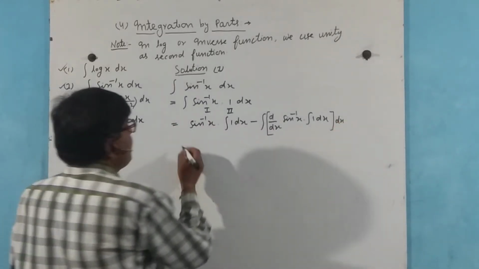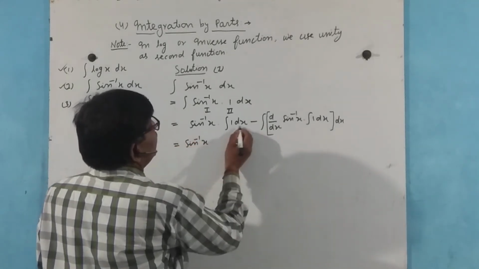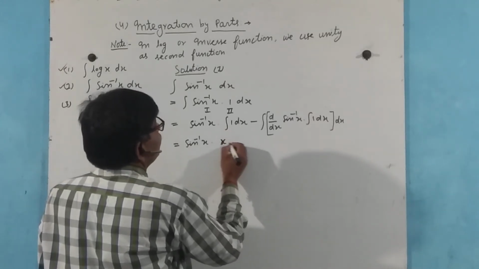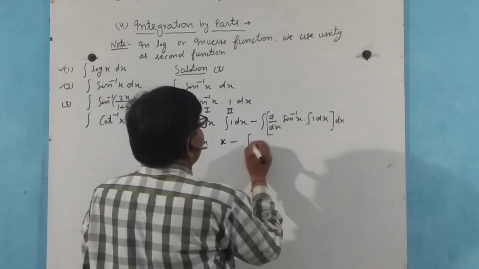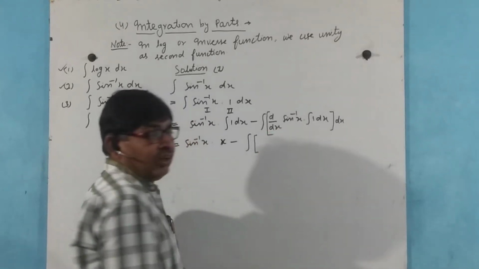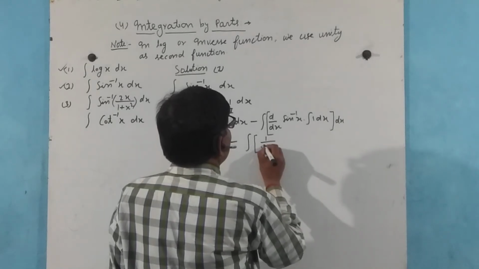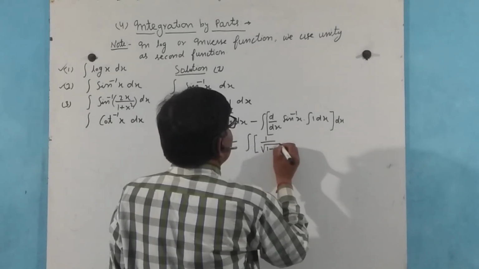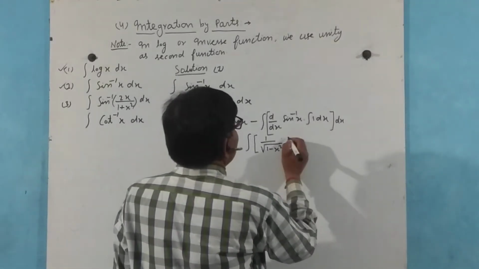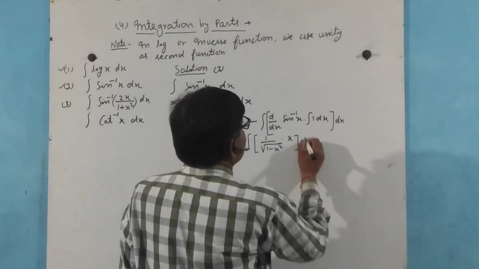Now sin inverse x and integration of 1 dx, that is x, minus integration of d by dx sin inverse x, the differentiation of this function, 1 by under root 1 minus x square, and integration of 1 dx, simply x, dx.